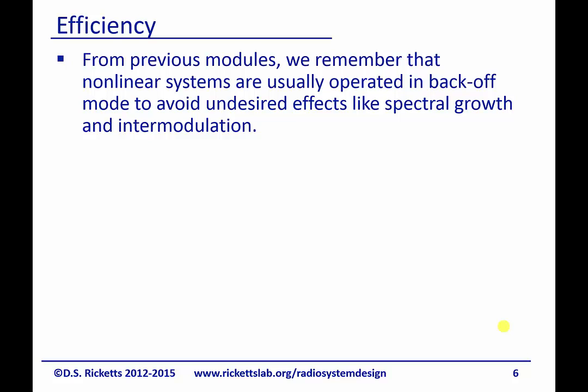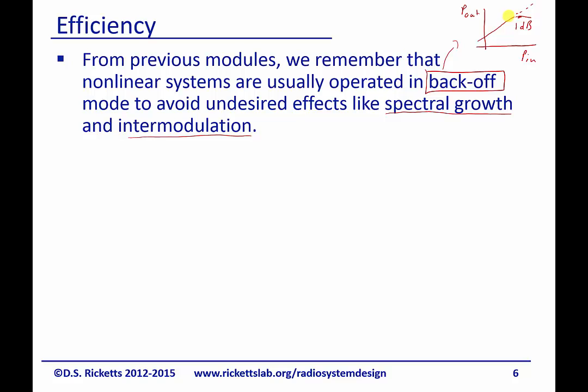From previous modules, we talked about nonlinear systems being operated in back-off to avoid undesirable effects such as spectral growth and intermodulation. I just want to remind you what back-off is. If you remember when we talked about P in and P out, we did our curve and then it saturated and we had our 1 dB point.